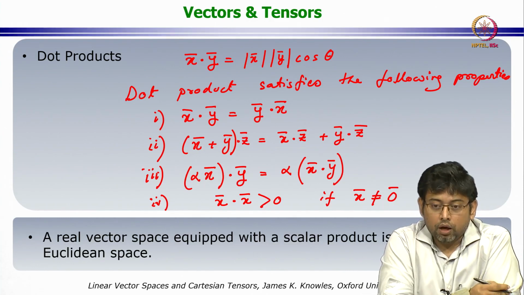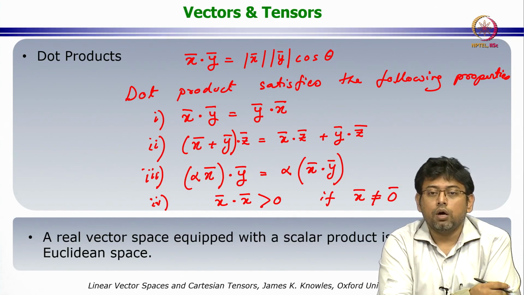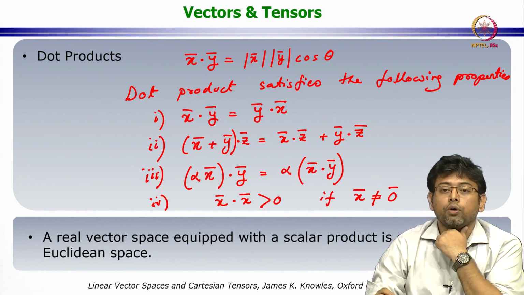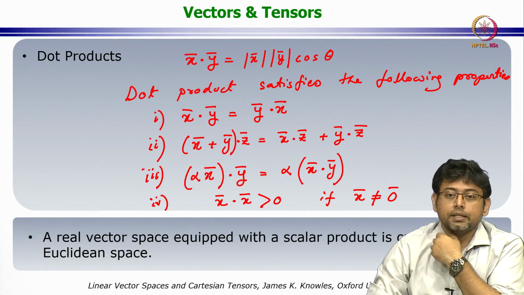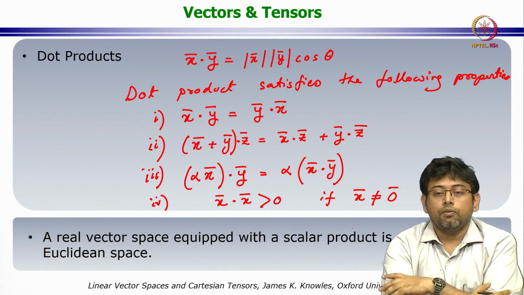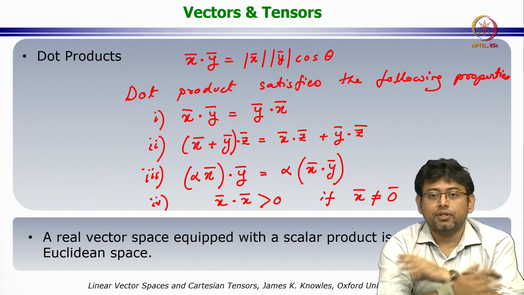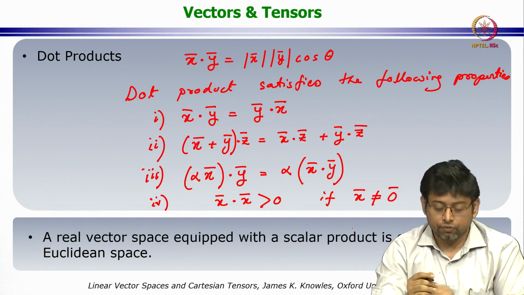Now as I said before, not all vector spaces need to have dot products. There will be some vector spaces which have this sense of metric and this sense of geometry.